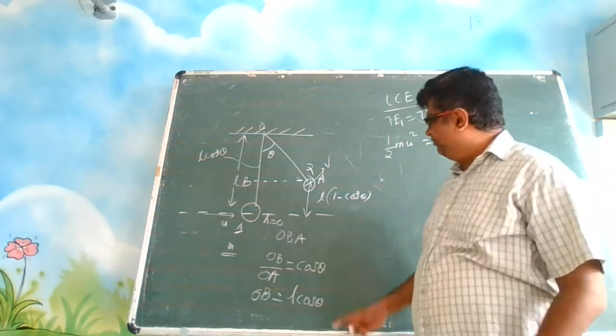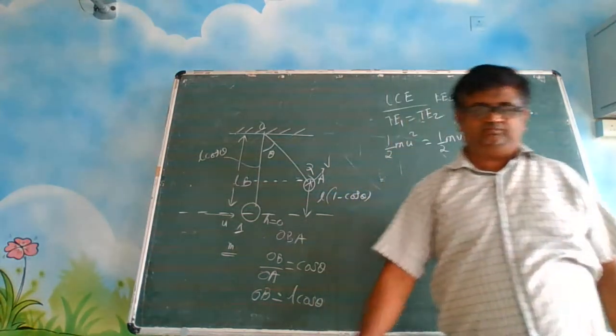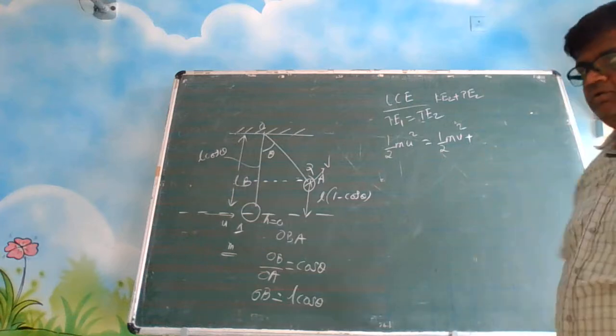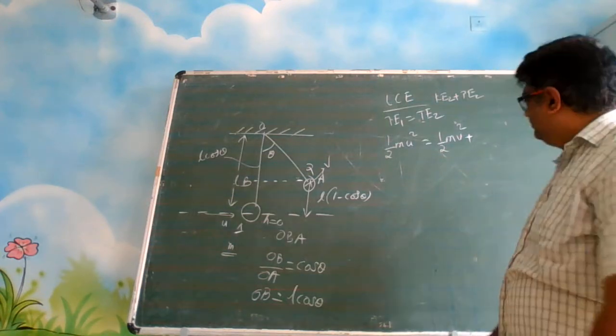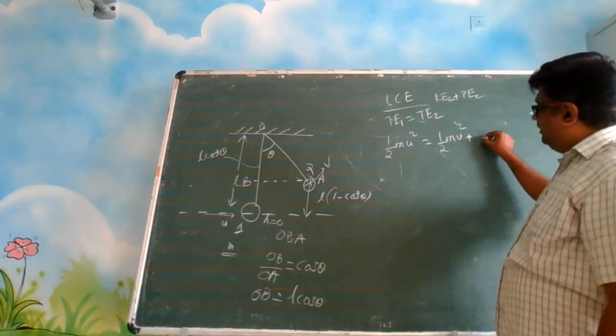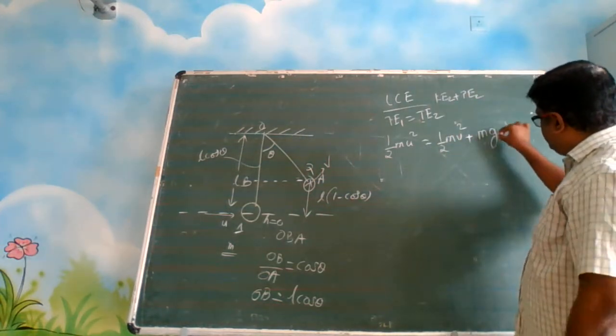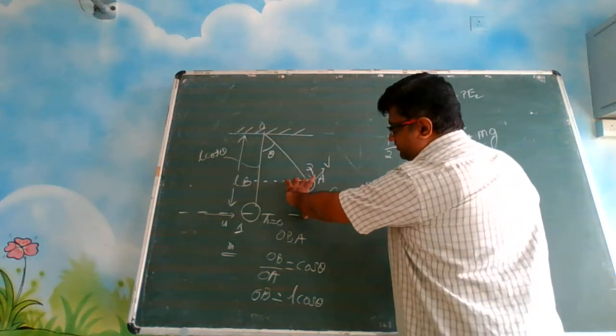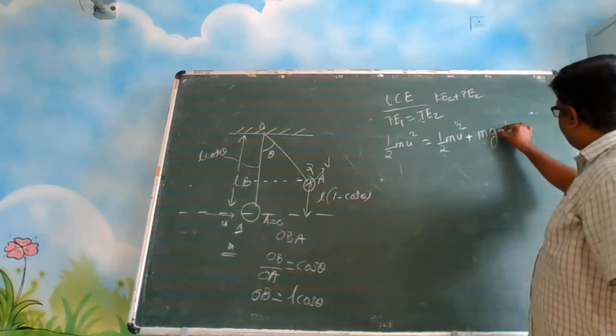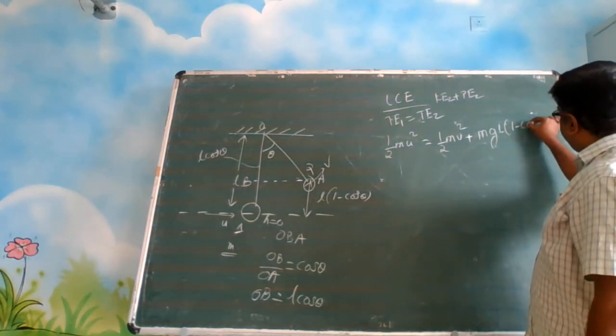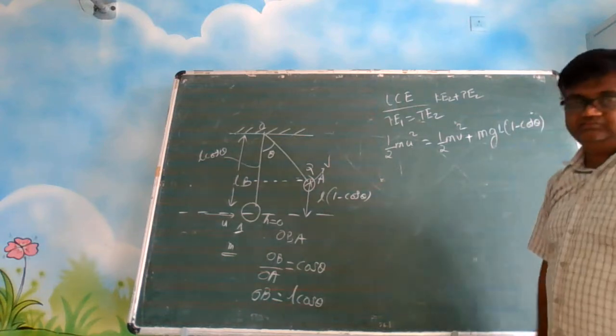What are you trying to find out? You are trying to find out v. We are trying to derive a formula kind of thing. So now mgh. Which h? This is the height you have to put. So that is L into 1 minus cos theta.